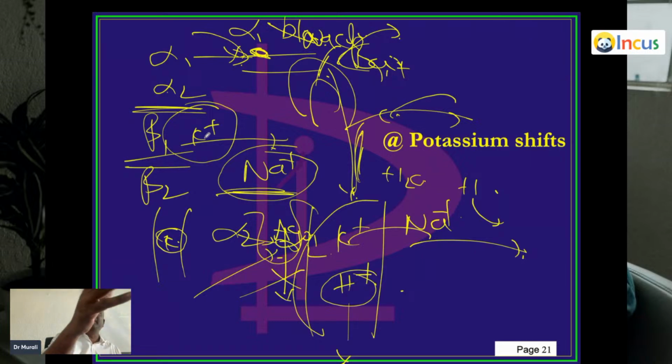Carvedilol, metoprolol, nebivolol, bisoprolol. Forget all, only one is all of all alls. That is metoprolol. 25 mg, 50 mg, bas.